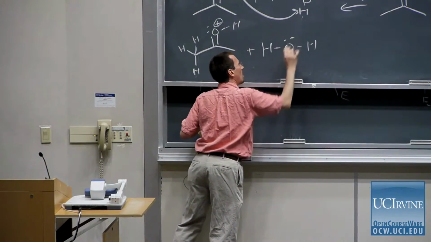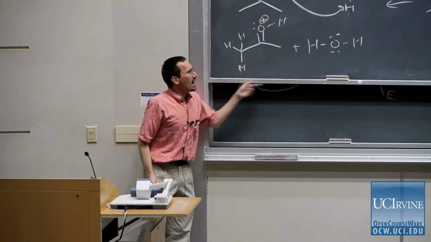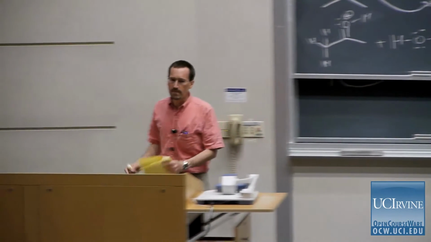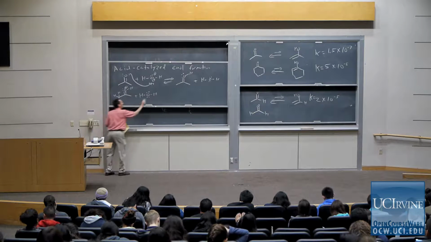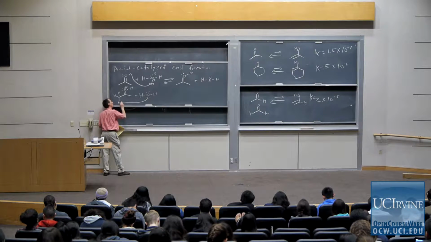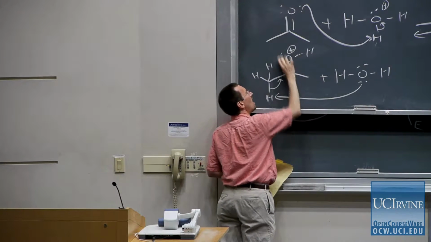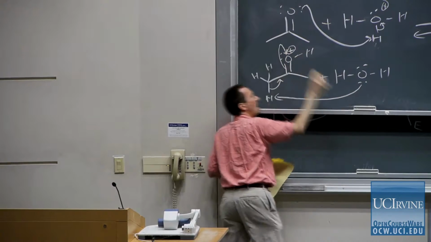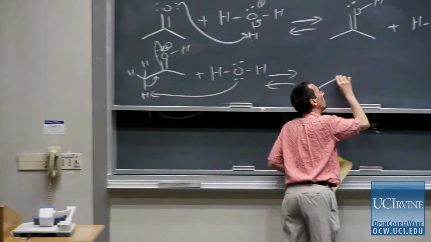So here's our water. Here's our alpha proton. And now water is weakly basic, very weakly basic. Water can pull off the alpha proton. We just push our electrons up on to the oxygen. And again, we have an equilibrium.